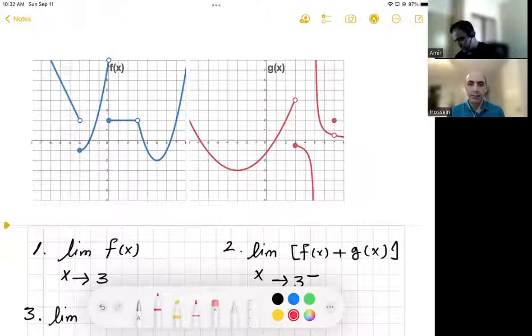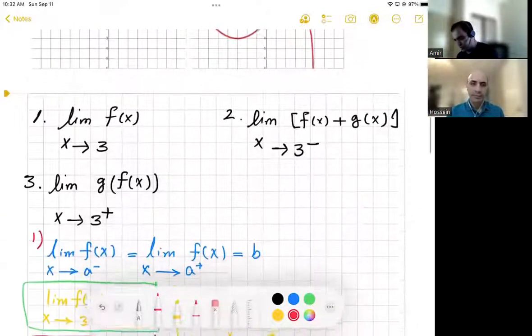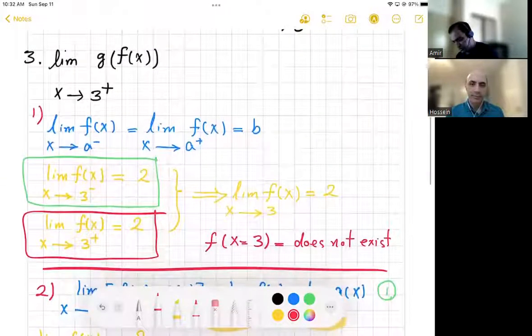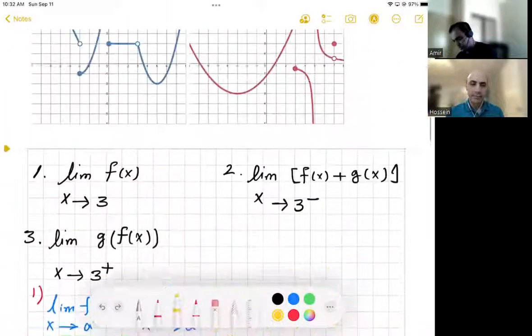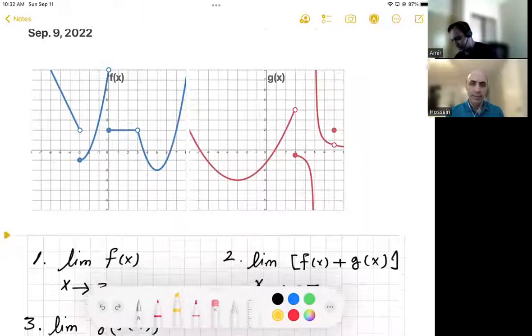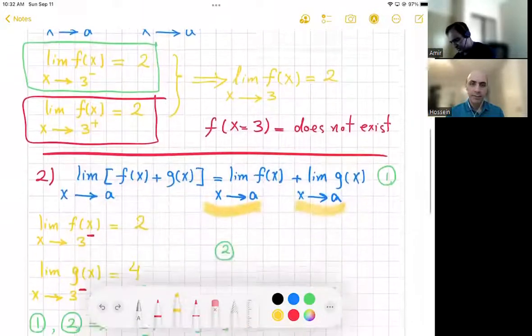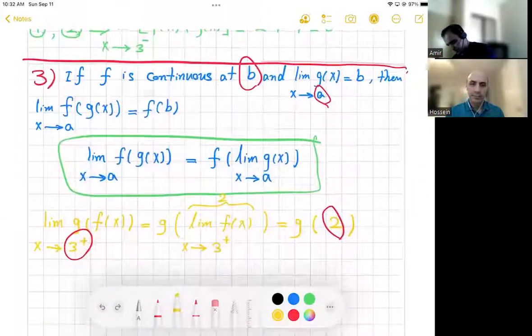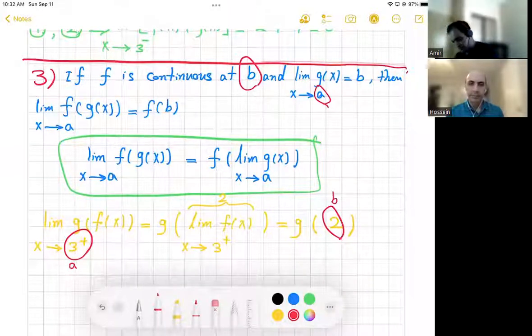In our case, our b is 2, because the limit of f of x when x approaches 3 is 2. That value of 2 is applied to g of x, because that's the outer function. So this guy is b and this guy is a in the theorem.